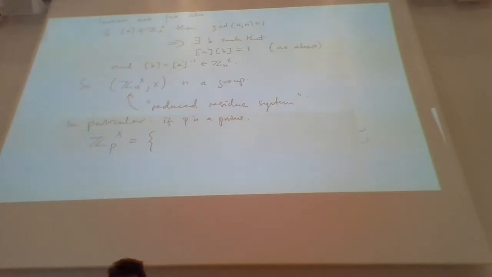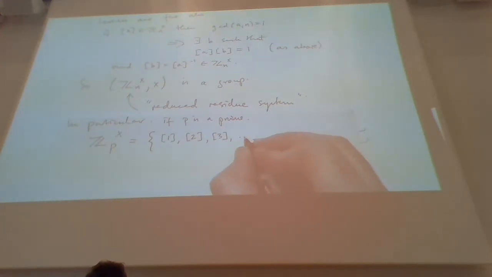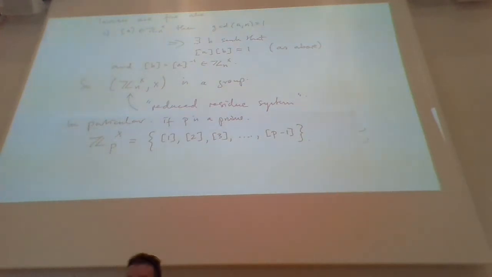But all the other ones, because P is a prime number, all the other ones are still here. Okay? Because everything non-zero less than P is co-prime to P. So we only discard the congruence class of 0.